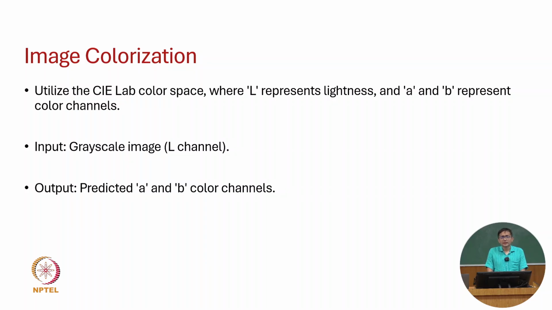There is another pretext task in the computer vision literature called image colorization, where let's say there are particular channels of the image. So we are talking about LAB color space, but it could be, of course, in some other color space as well. In the LAB color space, let's say the input is L channel, and the output could be predicting the A and B channels.